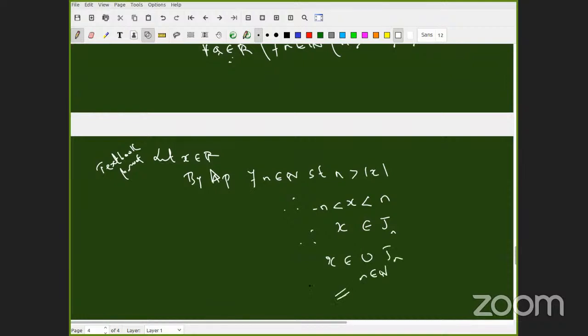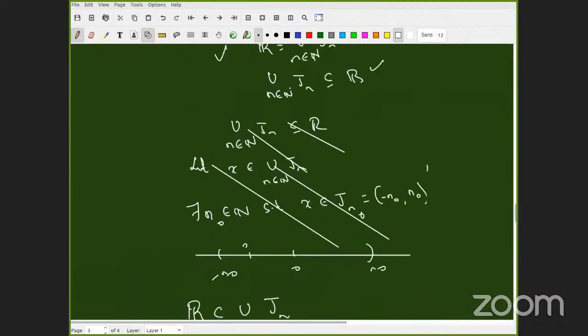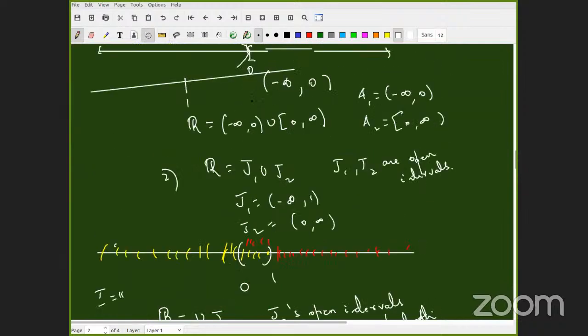So this is how textbook proofs are written. Go back, please discuss this. Here we require, even though intuitively we say the proof is using an argument.